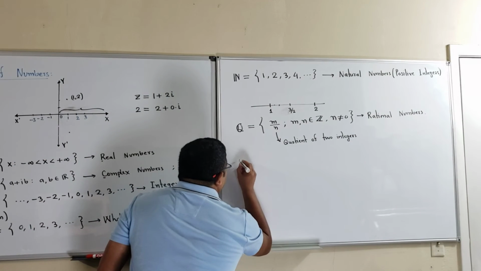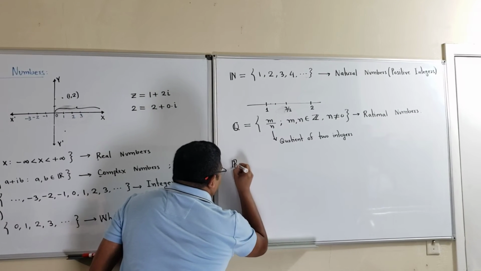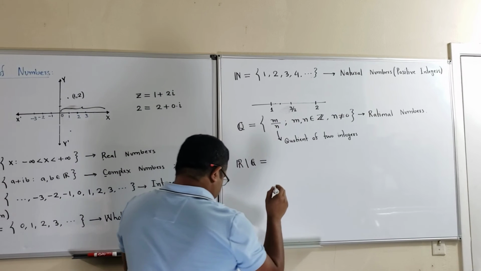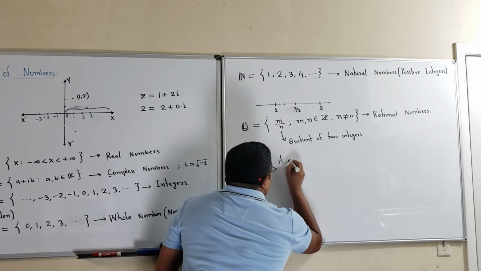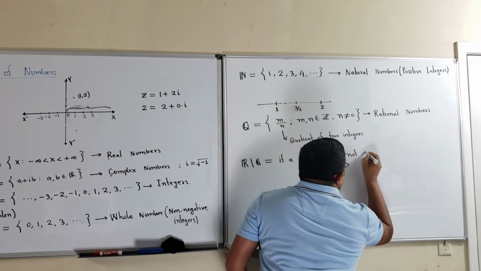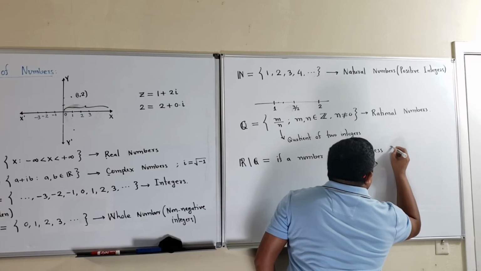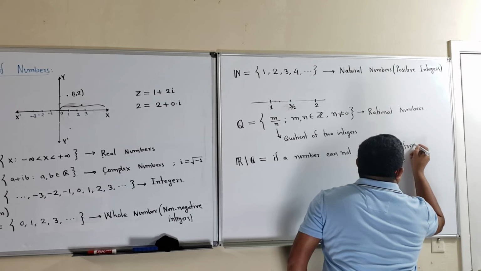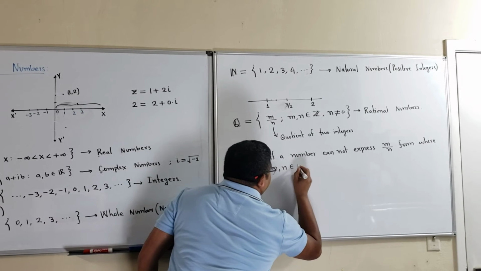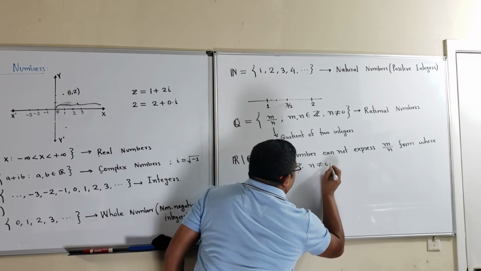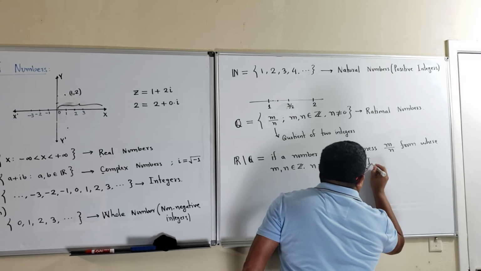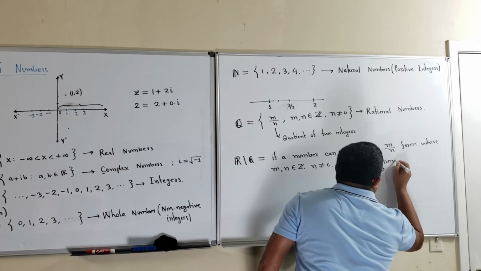That means if you subtract the rational numbers from the real numbers, that means if a number cannot be expressed in m over n form, where m and n are integers and n is not 0, then that number is an irrational number. Irrational numbers.